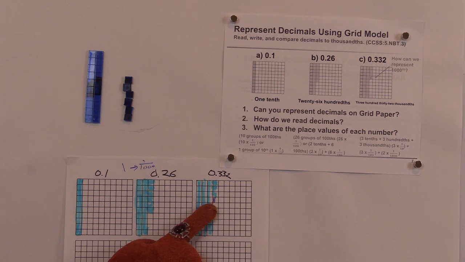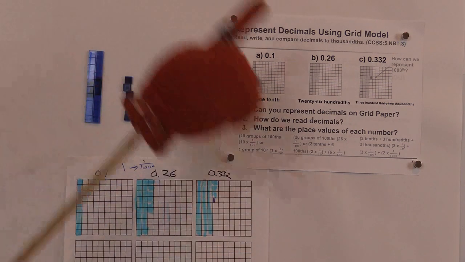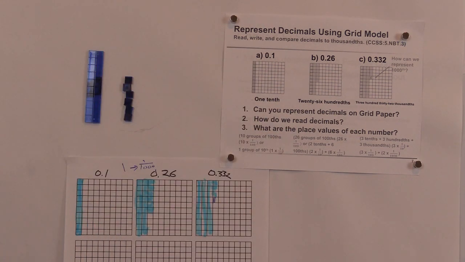Does it make sense? So this is the basic idea whenever you want to use a grid model when you introduce decimals visually. This is a good way to show the number relationship. And also whenever they need to compare decimals, can you tell which one is the biggest decimal? Whenever they look at the area shaded here, the more shaded means bigger, right?